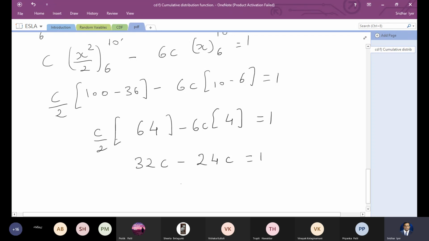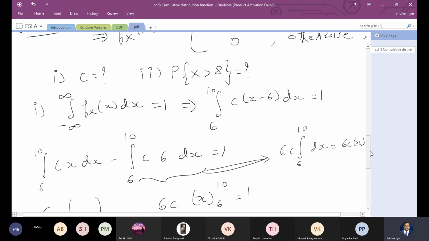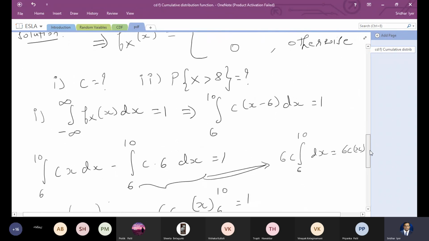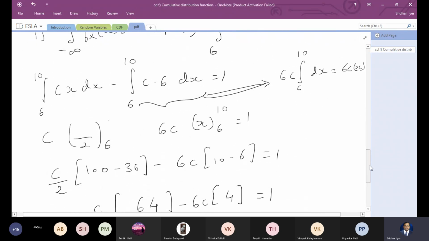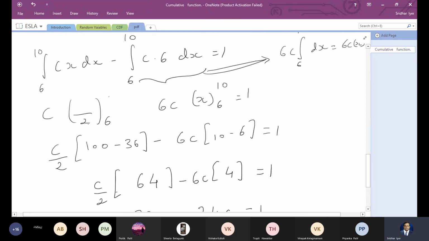So you have 8c equal to 1, which implies the value of c is 1 by 8. Is that clear how we have solved it? So it's a very simple problem, provided you are able to identify that we have to evaluate the PDF, followed by applying the property that the total area under the PDF is always going to be 1, right? So I hope this was clear.